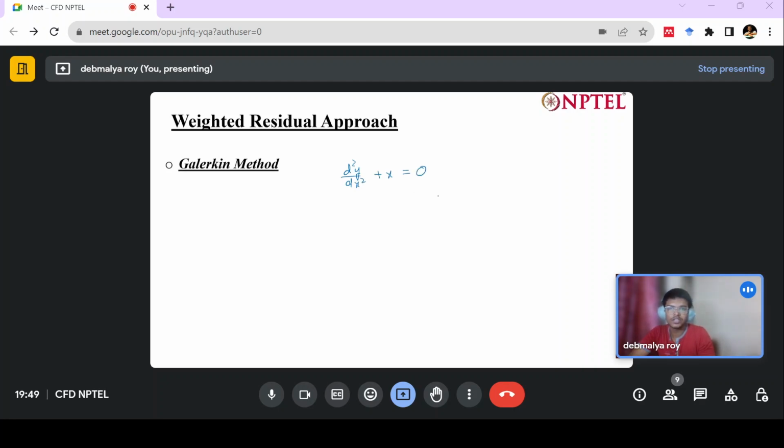For the approximate solution, what we had used is a x(1 minus x). This is the trial function, and this is the weighting function. In Galerkin's method, the weighting function that we take is inspired from this trial function.